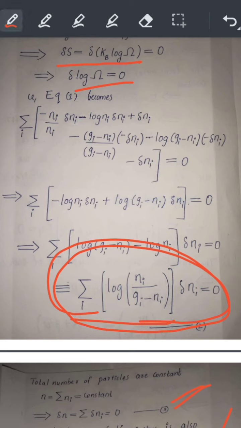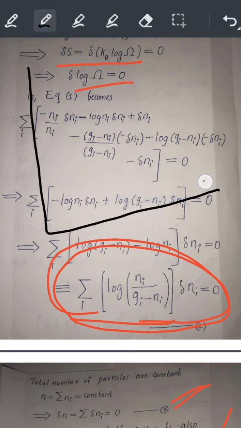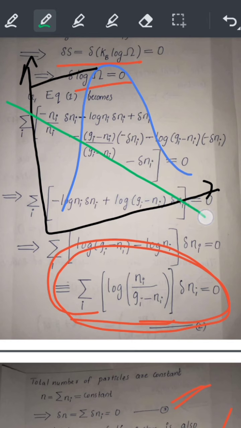That is, if you have a function like this, and you already know that the maximum of the function happens at this point, but if you have a condition like this, like a line here, then what is the maximum of this function f of x?